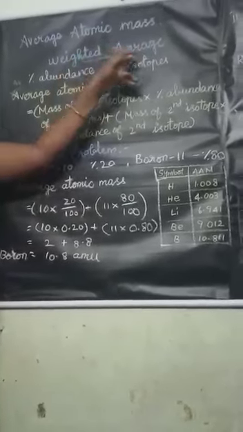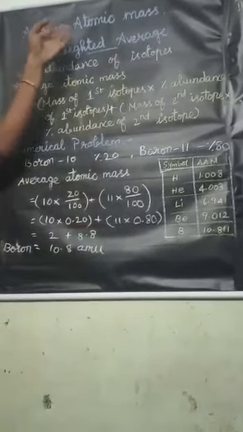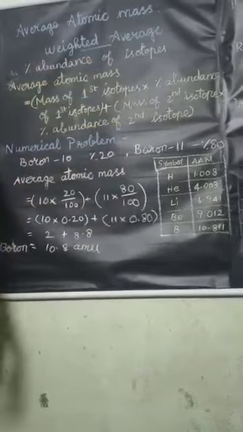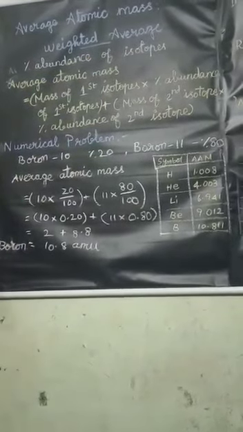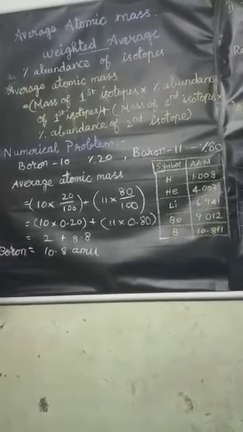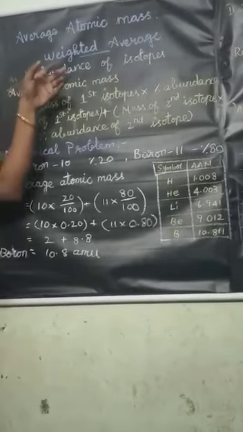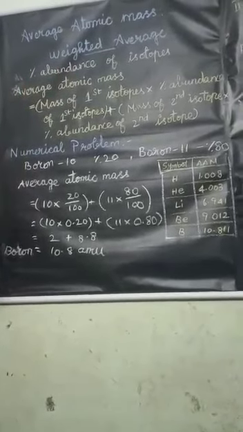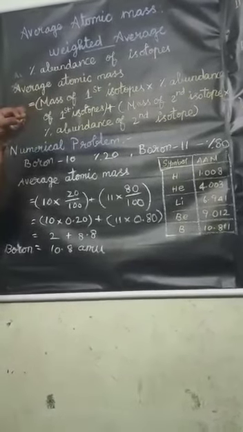So when we calculate the average atomic mass, we must consider the percentage of abundance of isotopes. Students, most of the elements are available as a mixture of their isotopes. So we must consider the percentage of abundance of isotopes. So what is the percentage of abundance? The maximum presence of isotopes in the element.